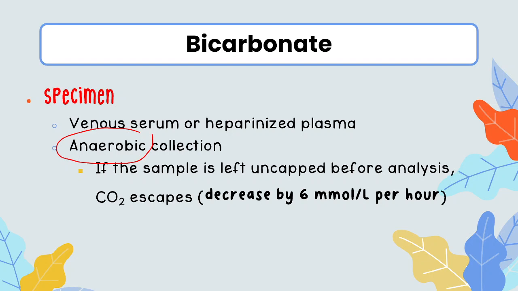If your sample is left uncapped before analysis, carbon dioxide will escape, and what will happen is that there will be a decrease in your carbon dioxide by 6 millimoles per liter per hour, which will again directly affect the measurement of your bicarbonate. So again, whenever anaerobic collection is mentioned, always do the ETS na method of collecting your blood sample.